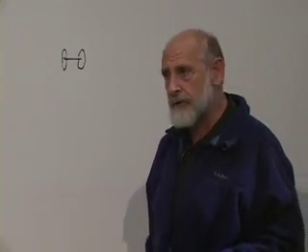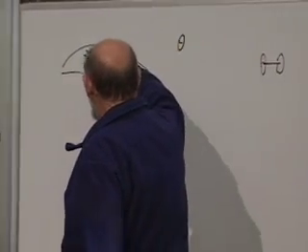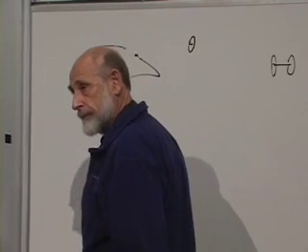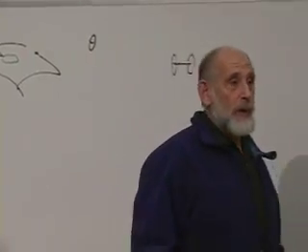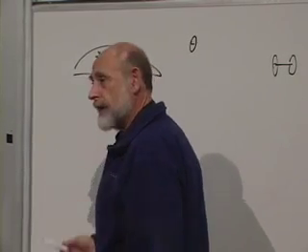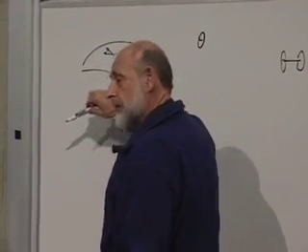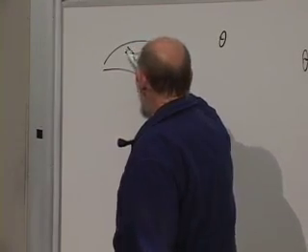Now there are 2 senses of rotation that we have to keep track of. Senses, I mean now senses in the sense of sign, S-I-G-N. First of all, there's the direction that we go around the loop. We can go around one way or the other way. Depending on which way we go around, the vector will either shift in one direction or in the other direction. That's one sense of angle that we have to keep track of, which direction we circumnavigated around. We took our vector and we went around, let's say counterclockwise. The other angle that we need to keep track of is the amount that the angle deviates.